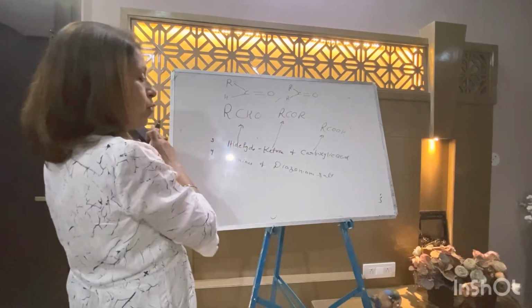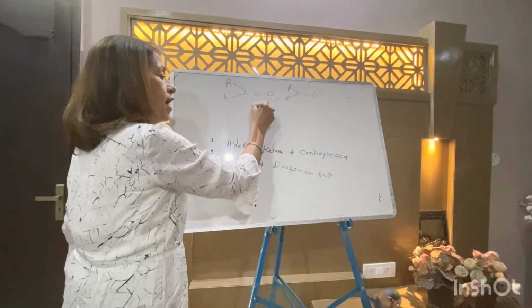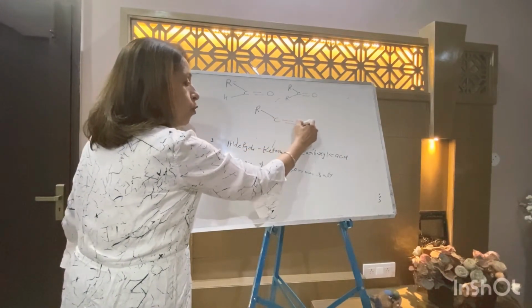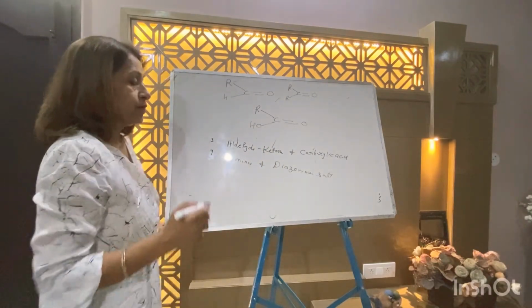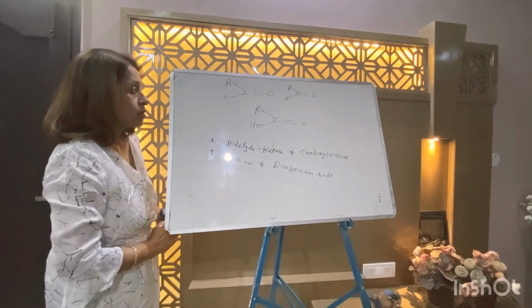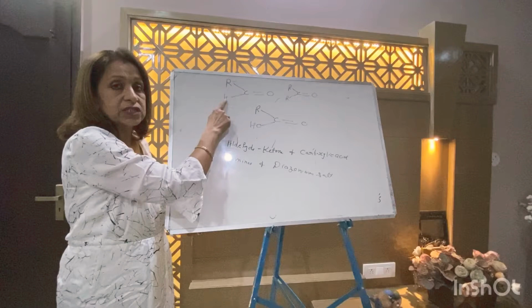And what about carboxylic acid? Carboxylic acid is RCOOH. Now see carefully. Aldehyde is RCHO, with H here.